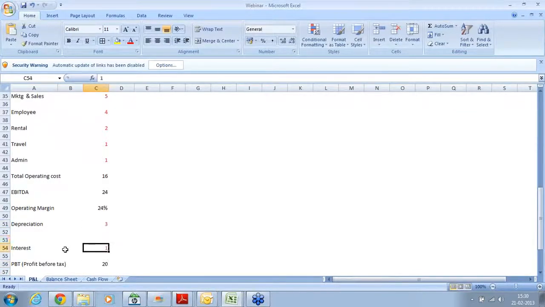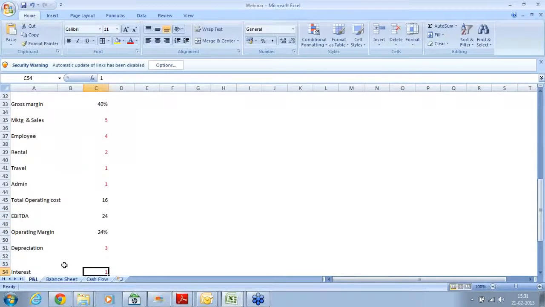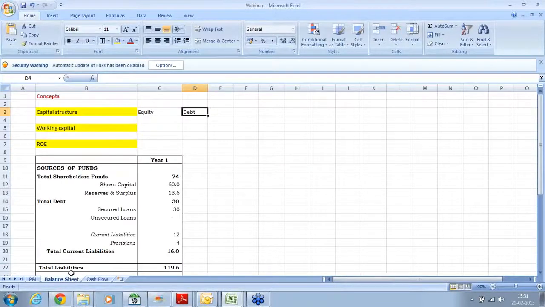So you as a decision maker will have to make the right judgment about how much debt you can take, keeping in account your EBITDA margins and also the degree of certainty about your revenue. So this is with regard to the capital structure.